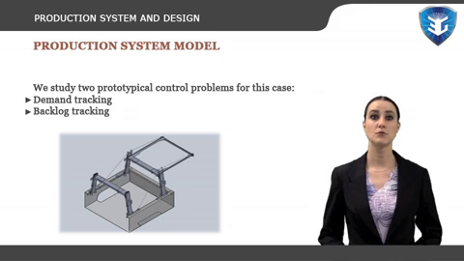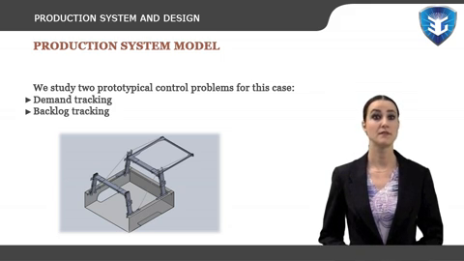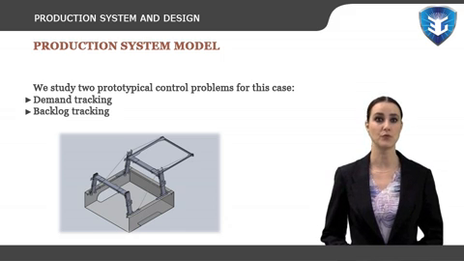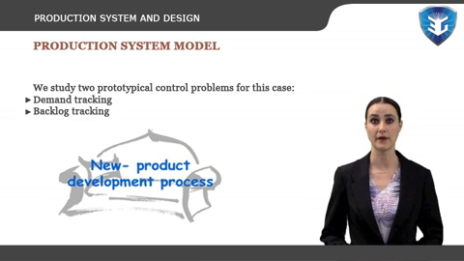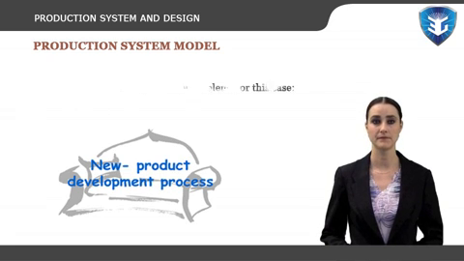We study two prototypical control problems for this case. Demand tracking, where we determine the start rate that generates an output rate which optimally tracks a given time dependent demand rate, and backlog tracking, which optimally tracks the cumulative demand.